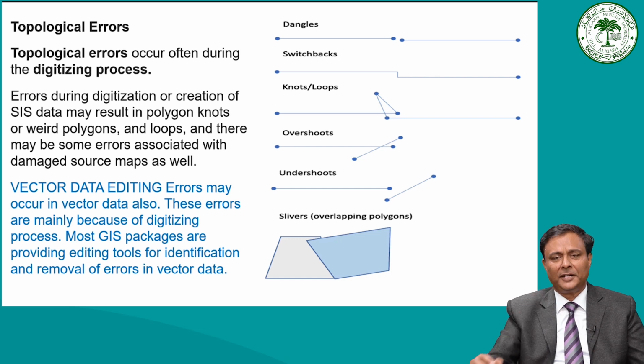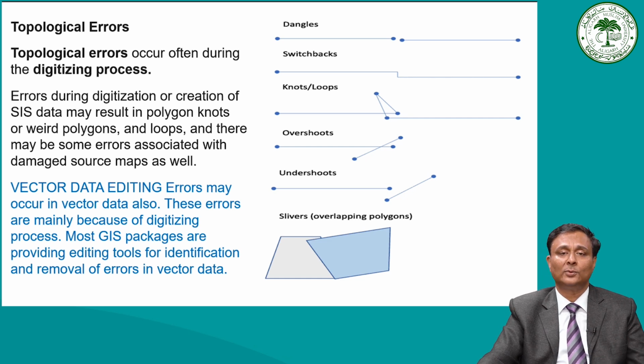Now, another kind of error which is very common and plays a very important role in spatial information science is the topological errors. As you are now aware, we have discussed earlier also, that topology defines and enforces data integrity rules. Simply it means there should be no gaps between polygons or different entities which we are representing through the spatial information.